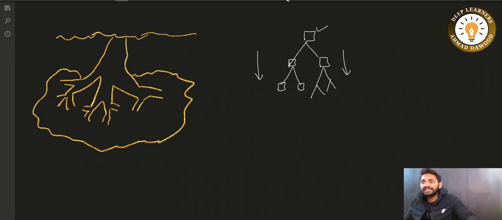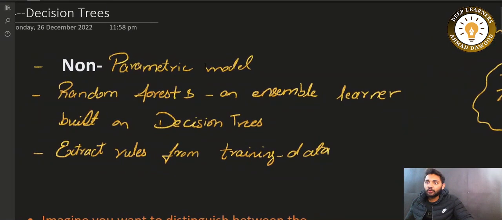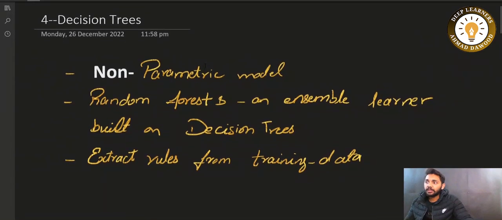Okay, so decision tree is a non-parametric model, and you know about that because I have told you in the previous session. In these sessions you will learn how non-parametric models actually work without following any assumption, without following any mathematical relation between inputs and output, and how they draw patterns from the data set.